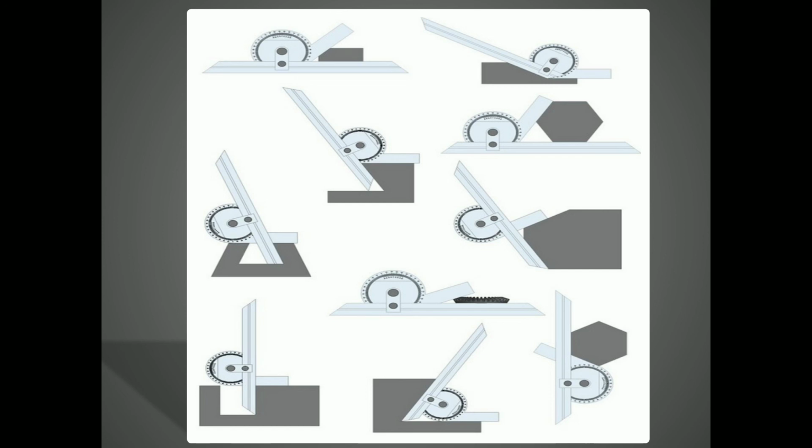You can see how to rest the blade and you can take the readings. Here it is the stock, but the stock is the reference given with respect to that part. Here also you can see the job is a reference and the bevel protractor is mounted there, and it is giving the angle included by those two surfaces.